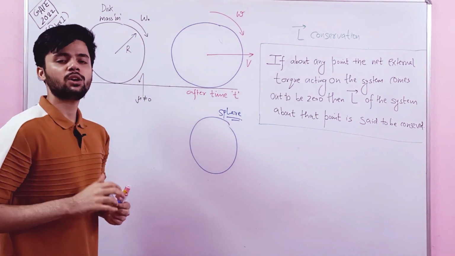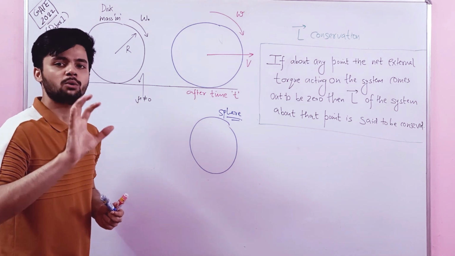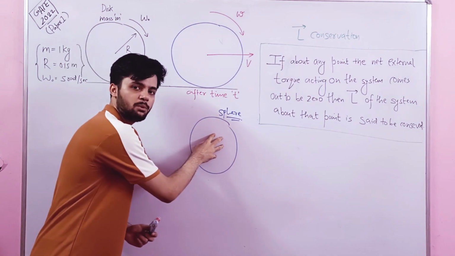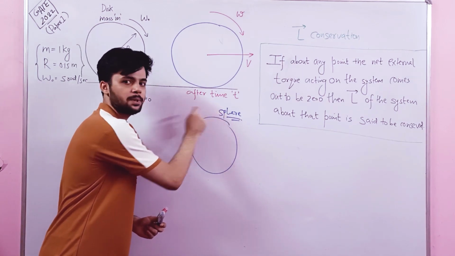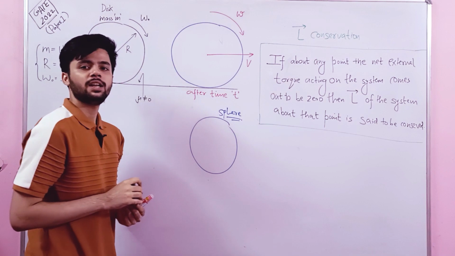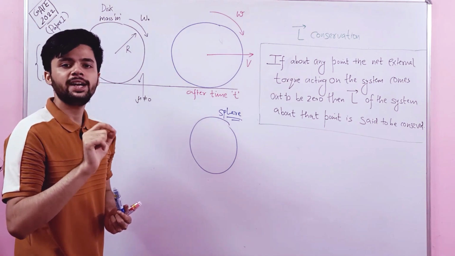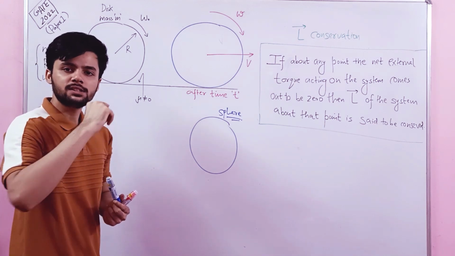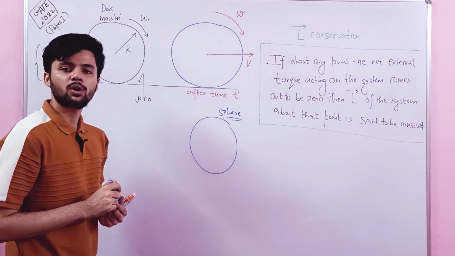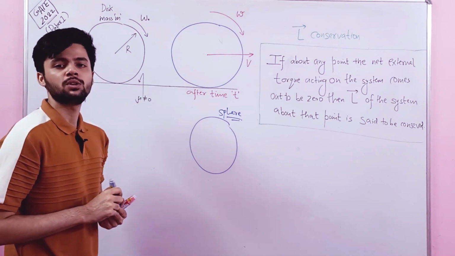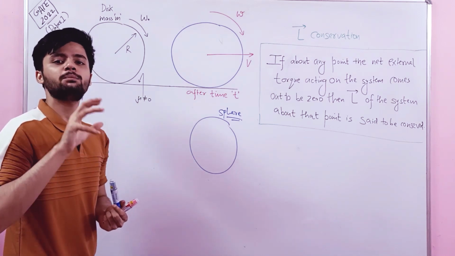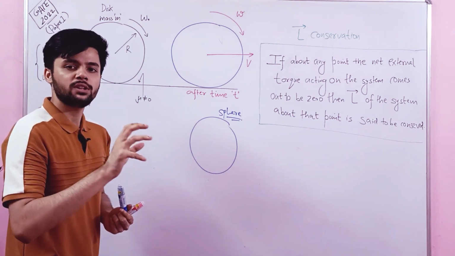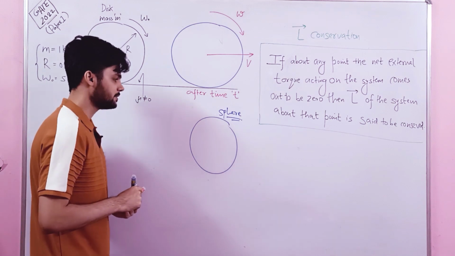On that body, you somehow manage to find a point P, and you see that about that point P the sum of all the torques acting on the body comes out to be 0. Then you can say that about that point P, the angular momentum of the system is conserved.